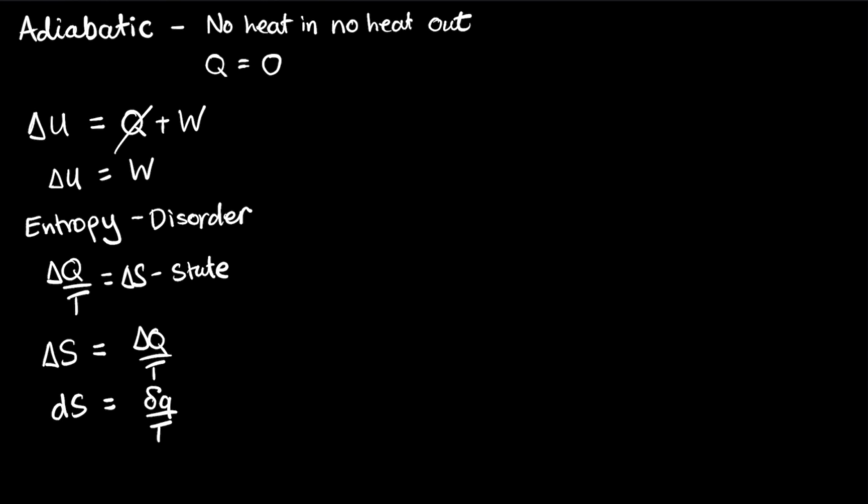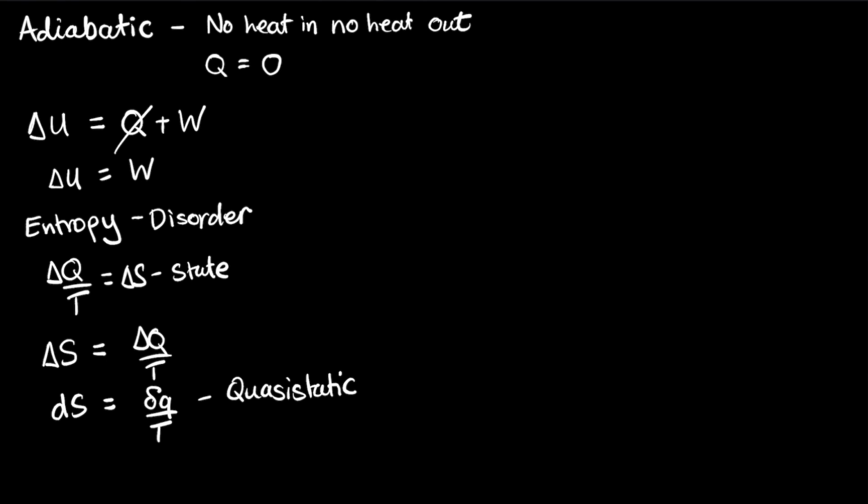Now, there's another term which I should really have introduced by now, to be honest, and it's called quasistatic. And what the hell does quasistatic mean? Well, a quasistatic process is not a type of process in the sense of isothermal or adiabatic.